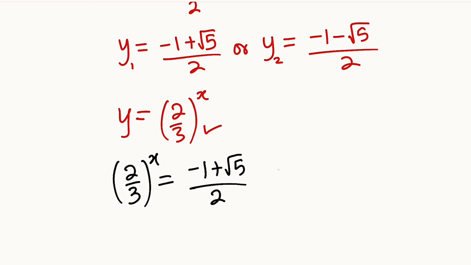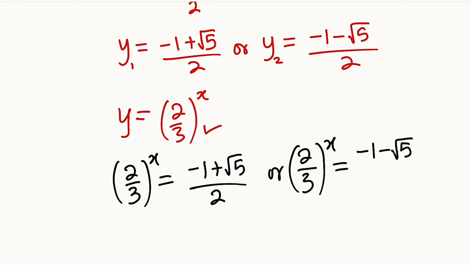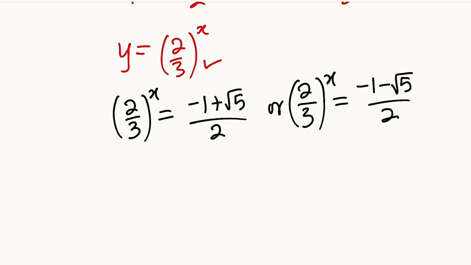And the other one, 2 divided by 3 to the power of x can also be equal to negative 1 negative square root of 5 divided by 2.